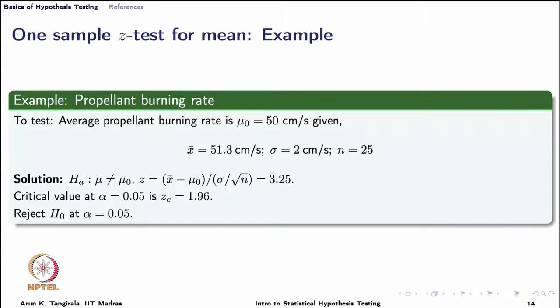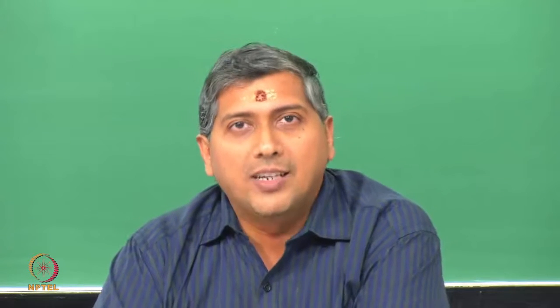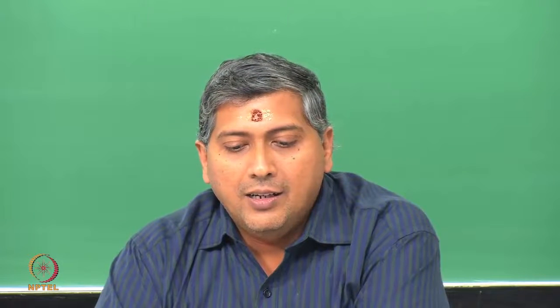All we have to do is find out the probability of the area to the right of 3.25, because think that I had found an alpha such that the null hypothesis is not rejected, or you can think of the smallest value of alpha that will end up in rejection of the null hypothesis. What would have happened? The shaded red region, the critical region, would have been that alpha, and the quantile should have been 3.25.